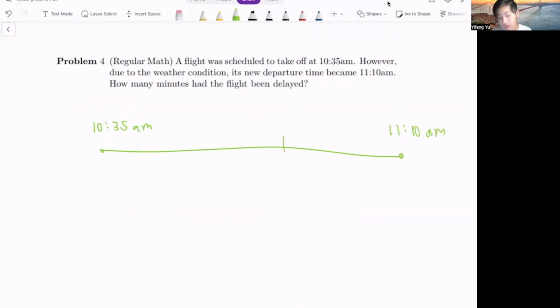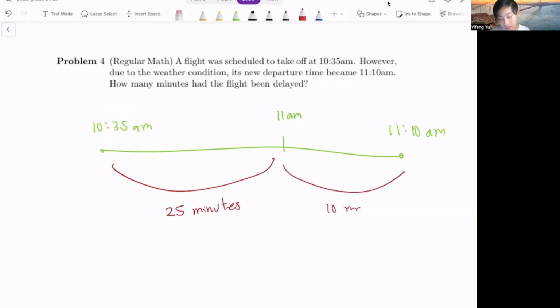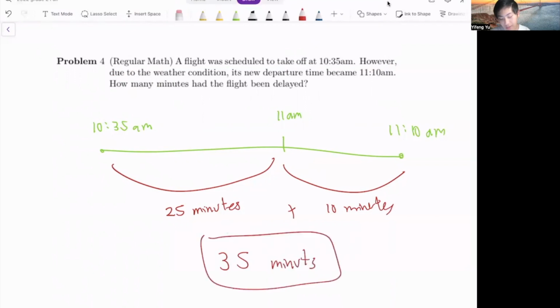So let's go to 11 a.m. first, since that's easier to solve. 10:35 to 11 a.m. leaves us 25 minutes. Then 25 added to 10 more minutes, since it's 11:10 a.m., gives us 35 minutes. So it was delayed 35 minutes.